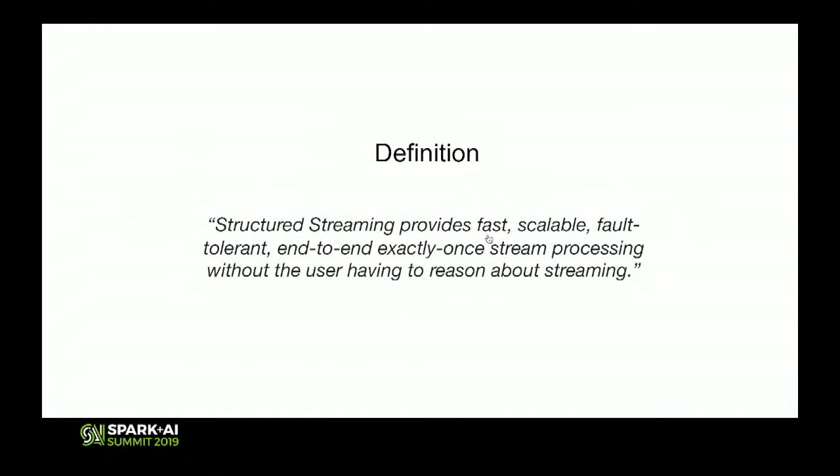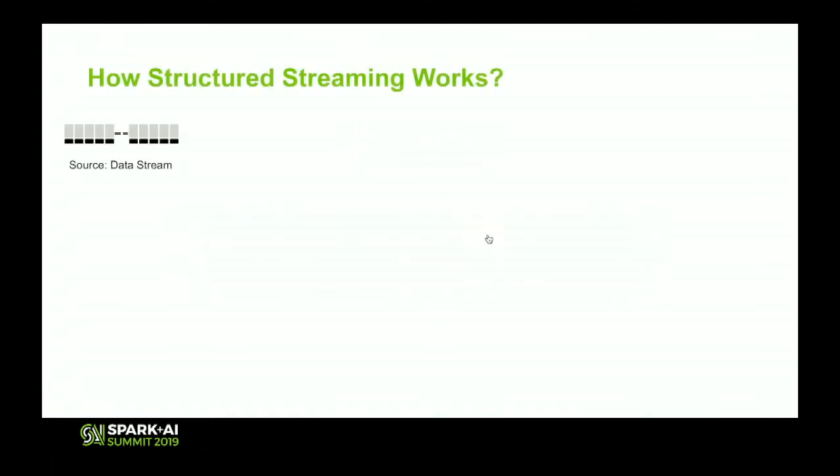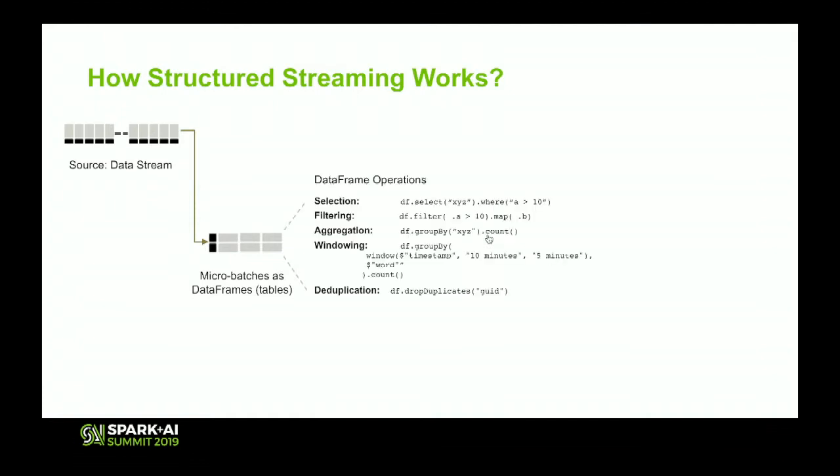This is a definition which I could not understand. So if you can understand, please help me understand. But in a very easy way, this is what it is. Let's say you have a source for data. In this case, it is Redis stream. All your structured stream does is it gets data. It pulls data in micro batches. And then it converts those micro batches into data frames.